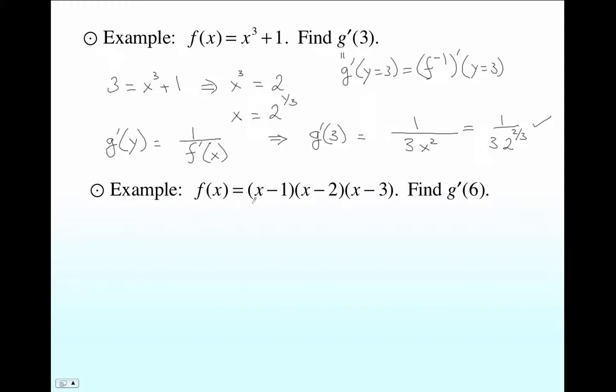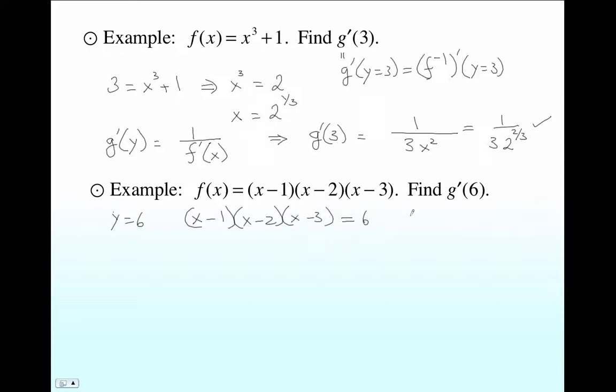Here f of x is this product of 3 factors, x minus 1 into x minus 2 into x minus 3, and what we want is the value of g prime at y equal to 6. Well, when y is equal to 6, then we want x minus 1 into x minus 2 into x minus 3 to be equal to 6.